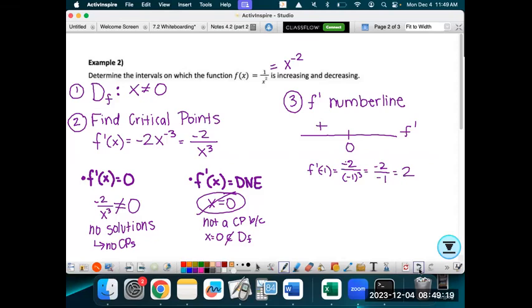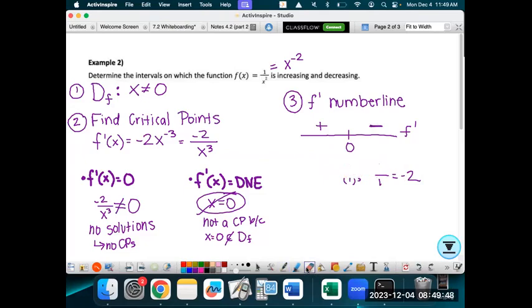And I'm writing positive, not the number itself, because it's the signs of the derivatives that tell me if it's increasing or decreasing. Go ahead and pick a number from the right side. Get the sign. I'm going to do +1. Get -2/1, which is a negative number.